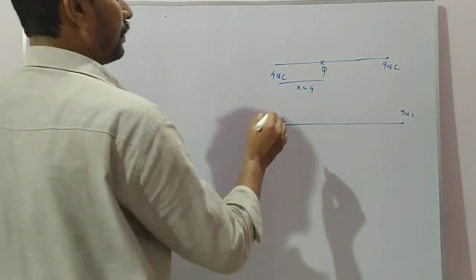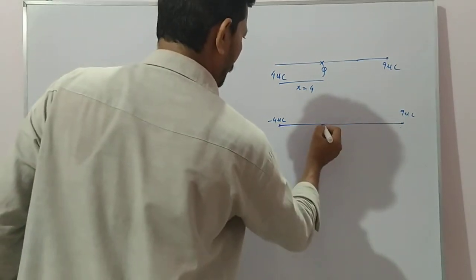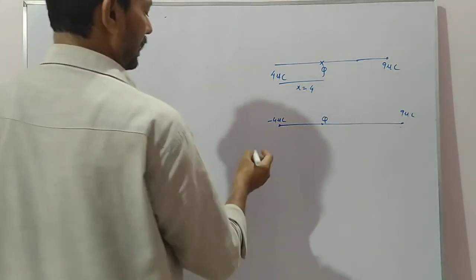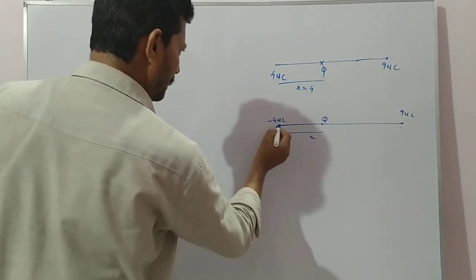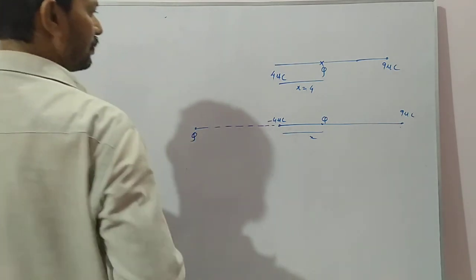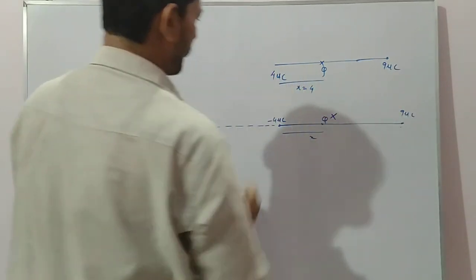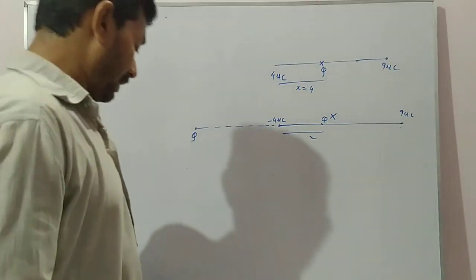Then we will opt for the second answer, that is minus 20. Suppose Q is here. So x equal to minus 20 means what? This is the positive side. Minus 20 means it will be somewhere here. The third charge should be placed here, not here, outside the line joining the two charges. Remember, this is very much important.